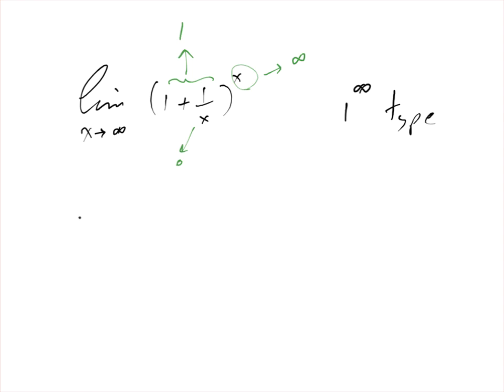So therefore, to separate the exponent from the base, we let this be called y, and then take ln of both sides.